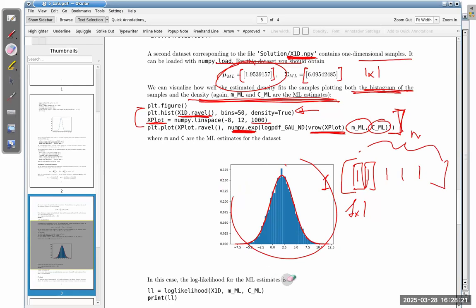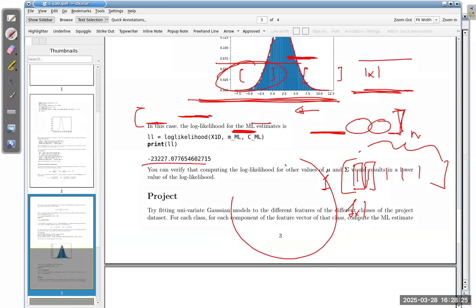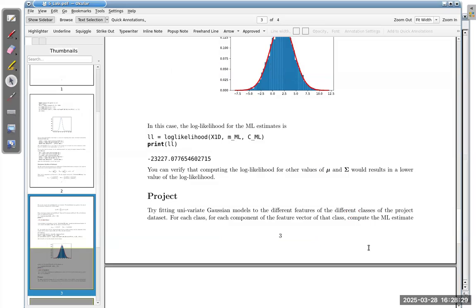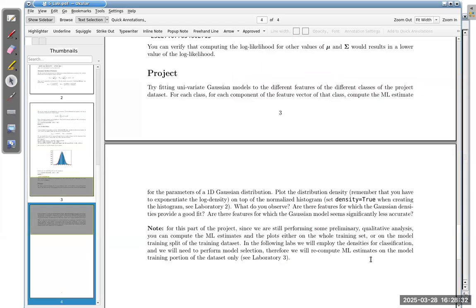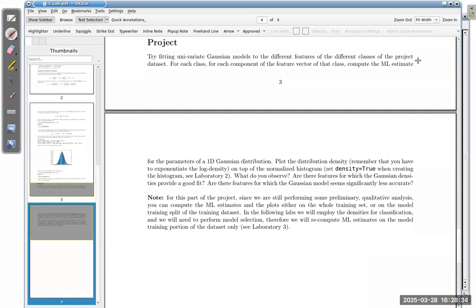Finally, if you want, you can compute the log likelihood for the one-dimensional dataset as well, and you will get this value. Now, a couple of words on the project part. For the project part, we are still doing exploratory analysis. We will still work with univariate Gaussian only.